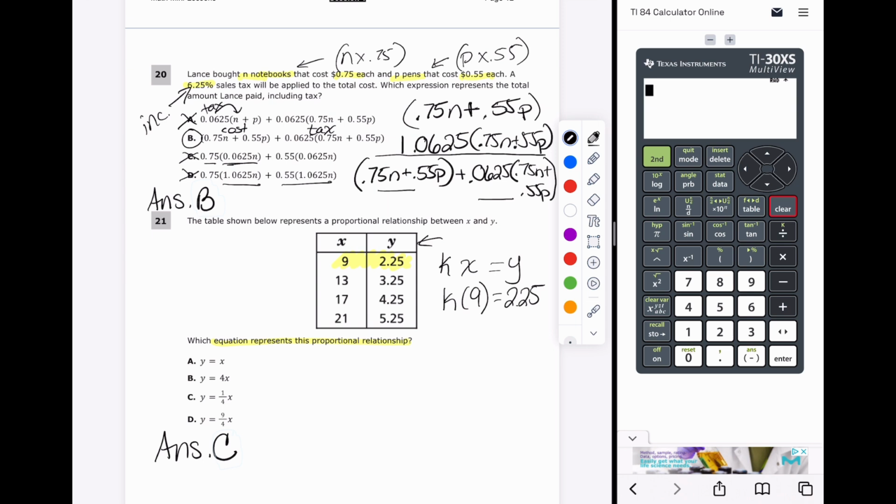So if I wanted to know what that rate was, I can just divide both sides by 9 to figure out what k is. And k is just my constant rate of proportionality. So k is equal to 0.25 or 1/4.